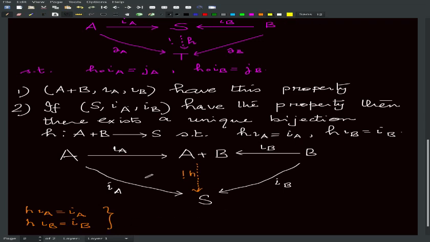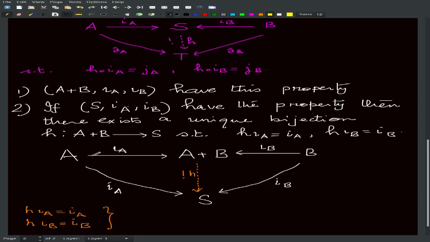Again, now just tilt this picture. You have this triple again over here, A to S and B to S. So this triple S, IA, IB also has this property, as you have told me.